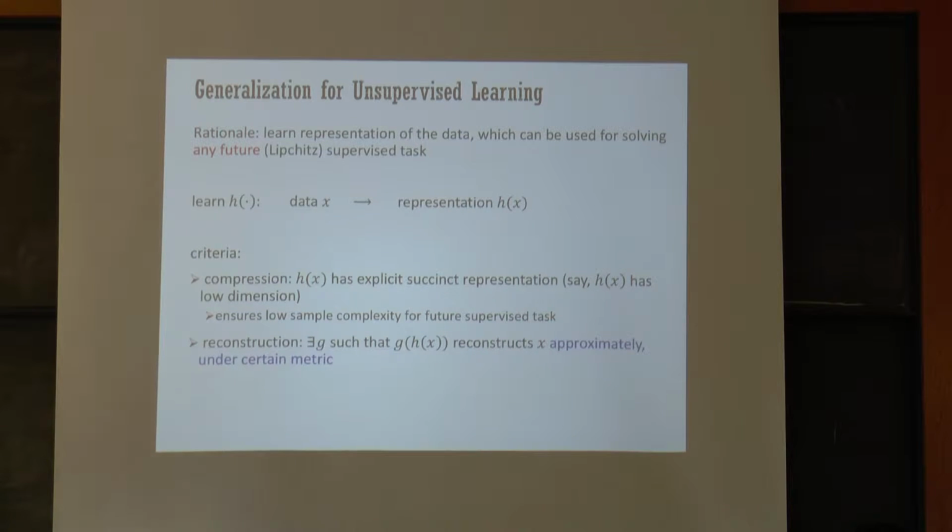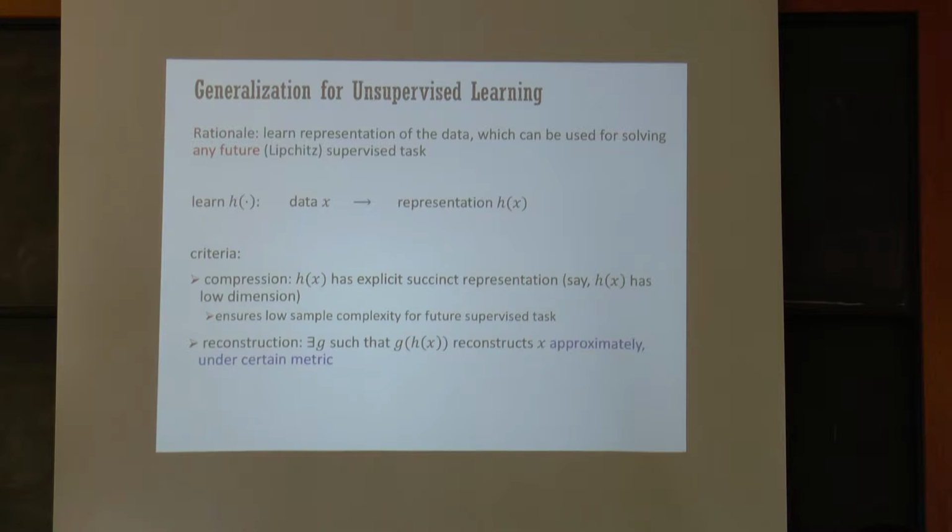By solving future supervised tasks, I mean that we take the representation instead of the data. This is our new data, and we learn the mapping from the representation to the prediction. If the representation is of low dimension, then the future supervised task has better sample complexity, just because the dimension is lower.